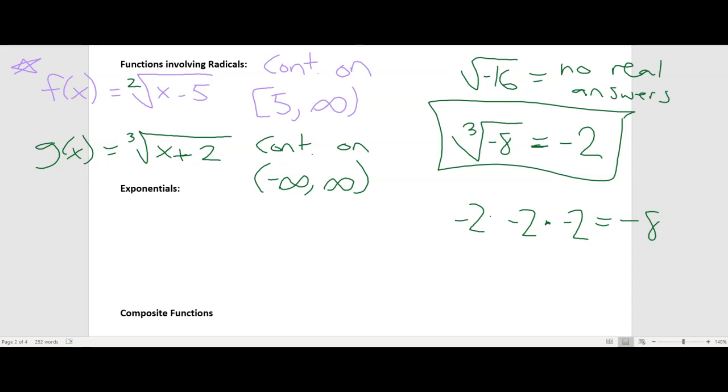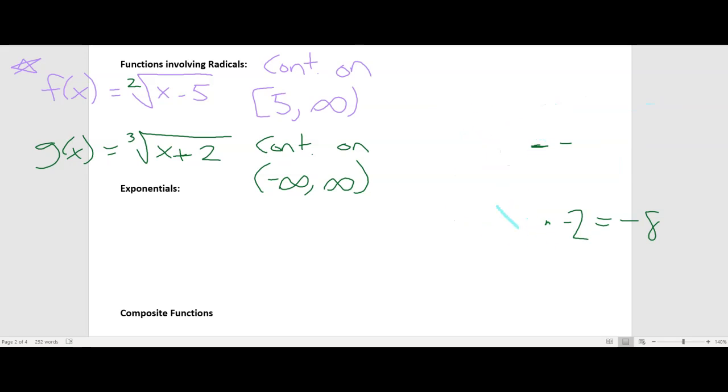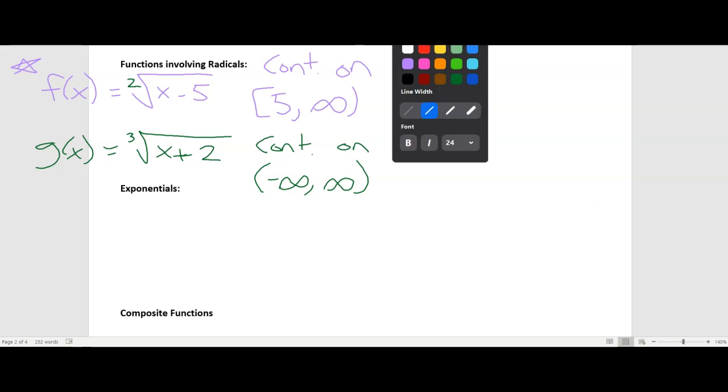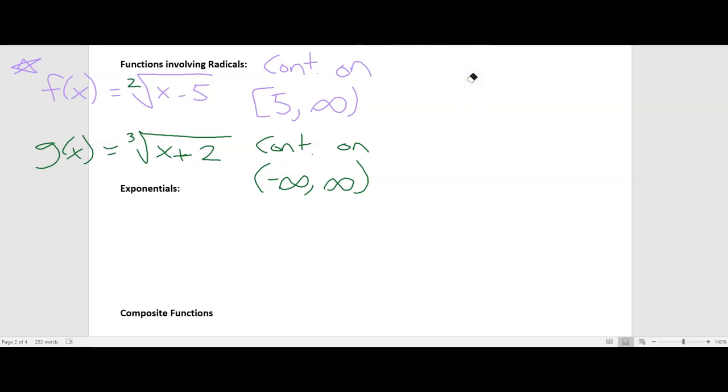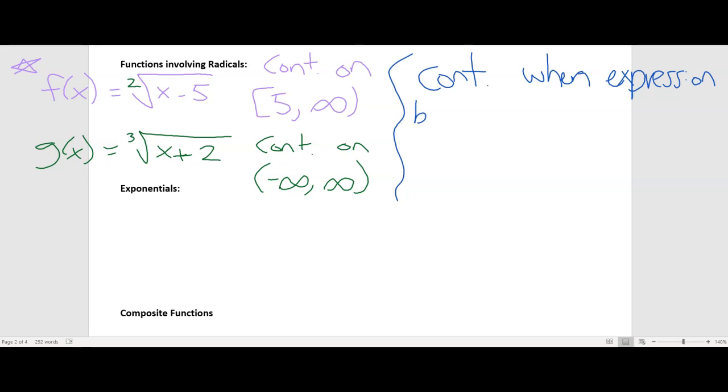Okay, let's sum this up a little bit. So we will say radical functions are continuous when the expression under the radical sign is non-negative.